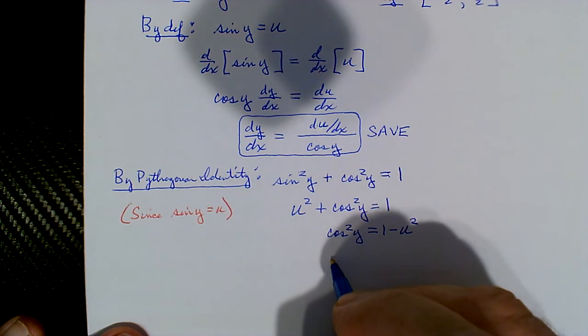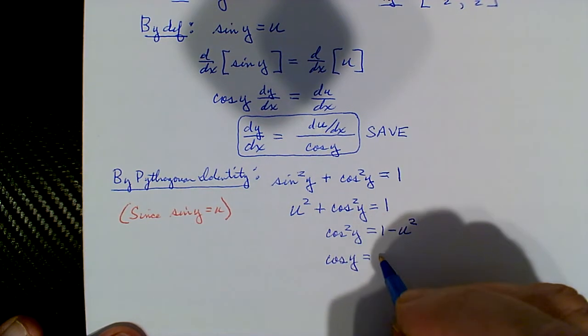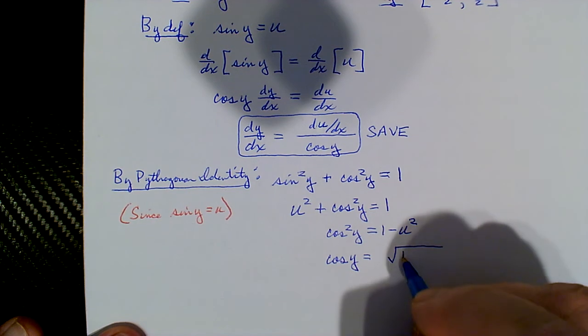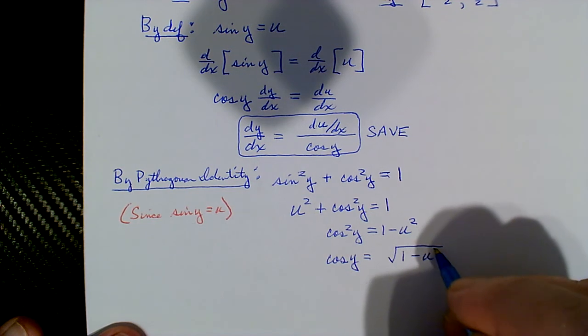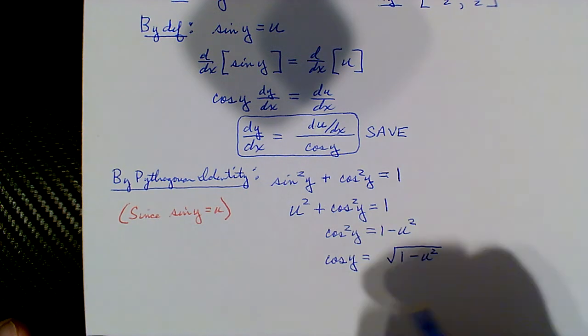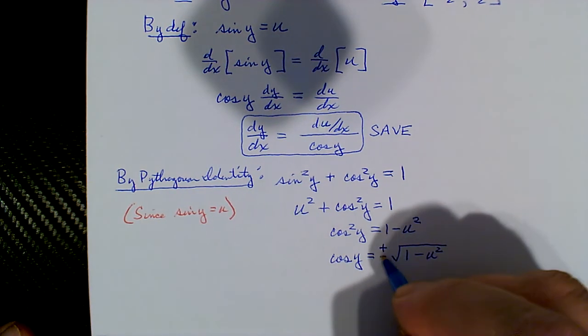And then we can consider taking the square root of both sides. So cosine of y would be equal to, now I'm going to leave a little space in front of the square root. And so we'll have the square root of 1 minus u squared. But we should know that the reason why I left that little space in front of the square root is because it is a theorem of algebra that if we take the square root of both sides of an equation, we have to introduce a plus or minus to one of the sides.